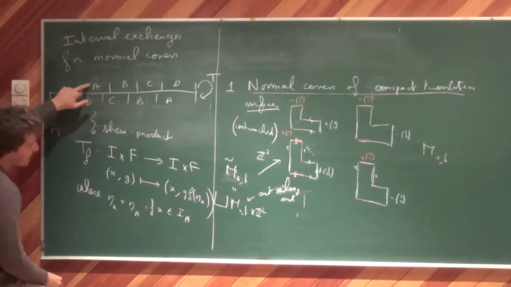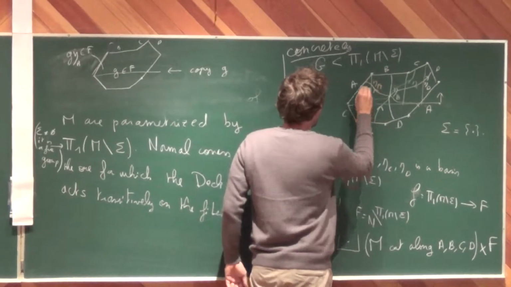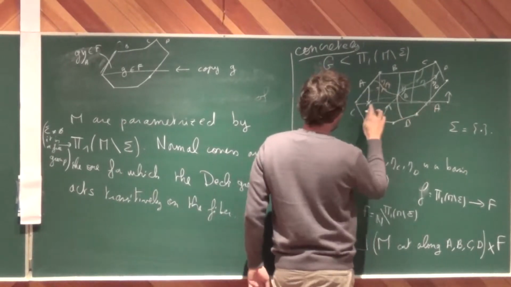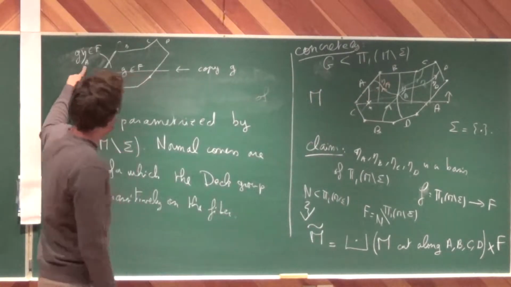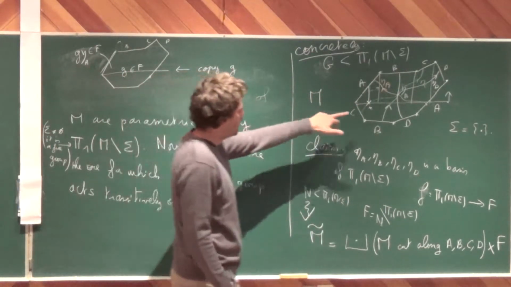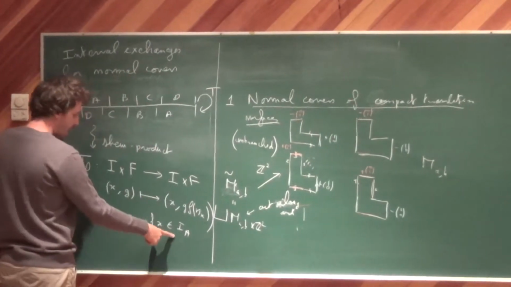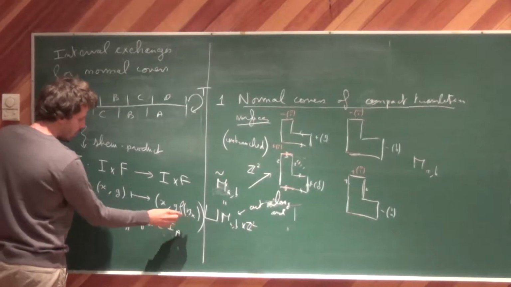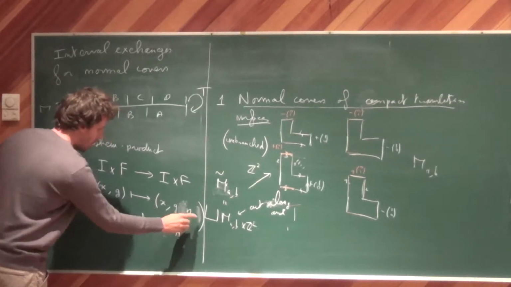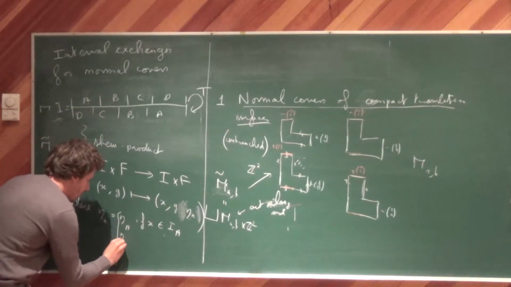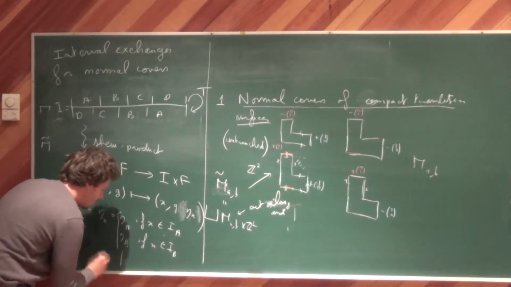So if x was here, I pick my point x, and I look at the first return time, and I change from one copy to the copy which is determined by multiplication on the right by η_a. So if I am in A, I multiply on the right by exactly η_a. This is just right multiplication. And if you are in B, you multiply by η_B, etc.